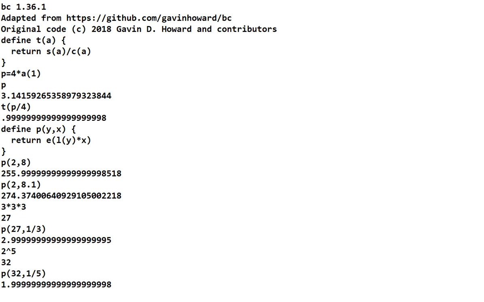So can we do other things with this? Let's say we wanted the sum of the first 10 numbers. Can we do that? It turns out there is a for loop.